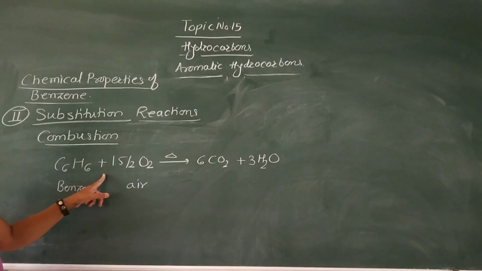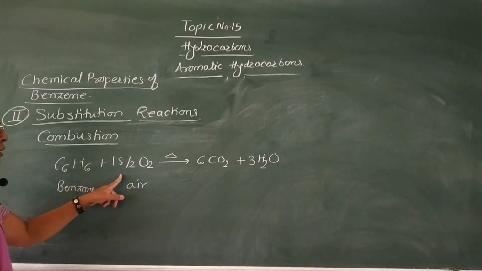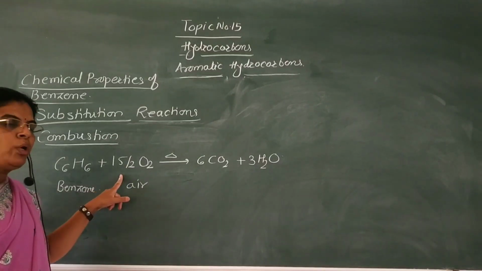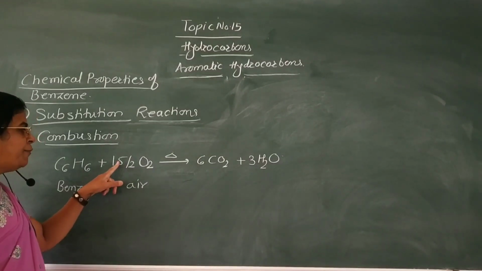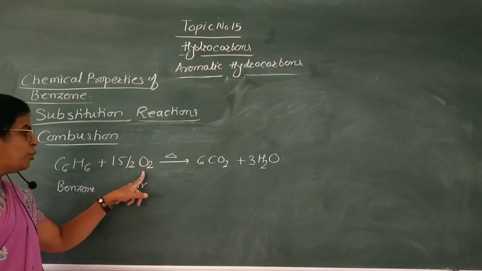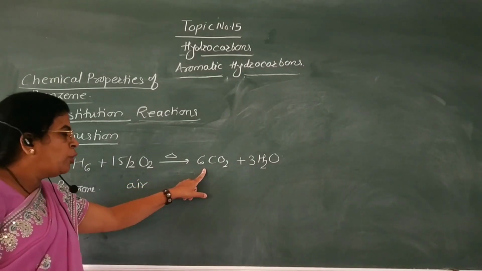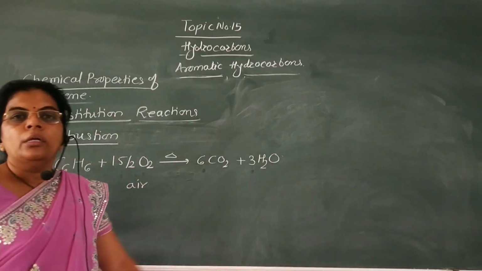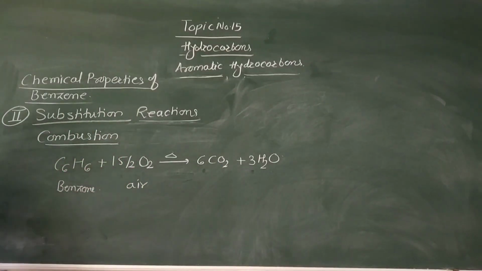When it is burned in air, it burns with a sooty or smoky flame. Then 15/2 oxygen molecules, that is O2 molecules, are used to form 6 molecules of carbon dioxide and 3 molecules of water. This benzene, when burned in air, burns with a sooty or smoky flame.